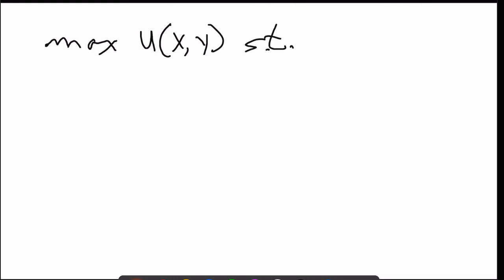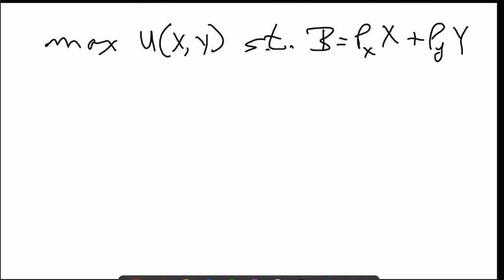Okay, so let's remember back in time, like the last chapter, and we would do a problem like this. We're going to maximize our utility function subject to our budget equals PxX plus PyY. Now, it should occur to you that there's a problem with this.